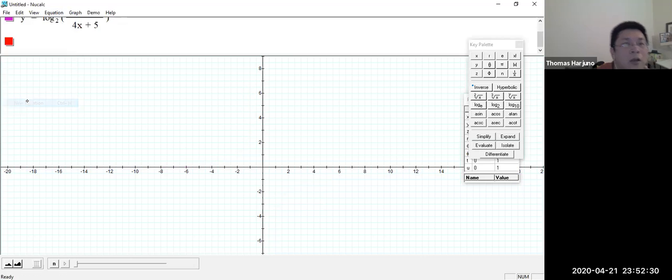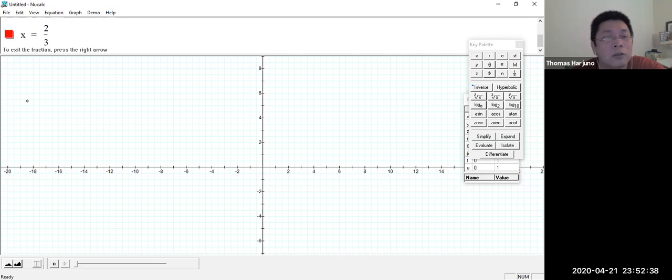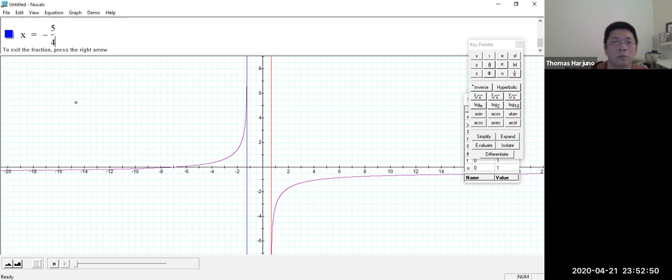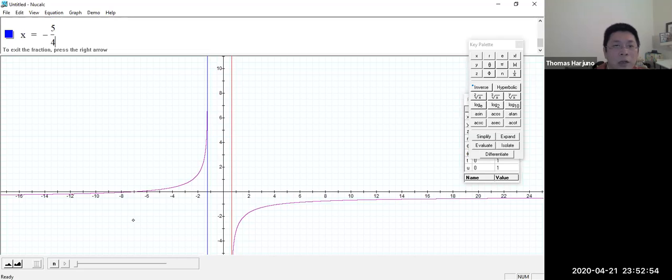I get x equals 2/3, and then x equals negative 5/4. I hope you can see that better now.